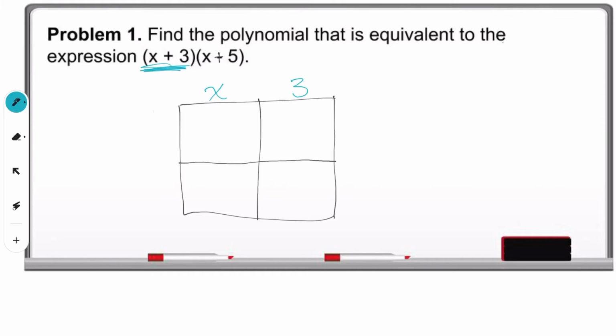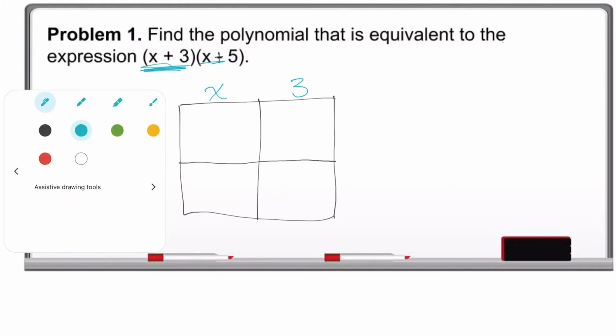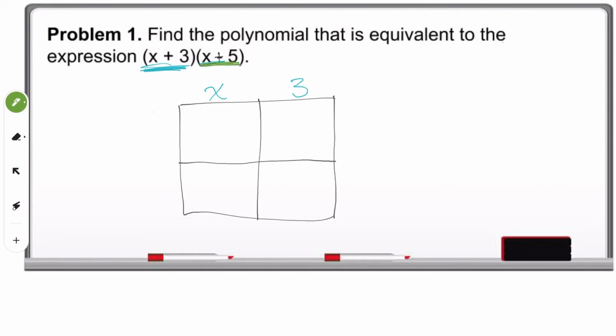Then on the left side, we're going to write the terms of our second polynomial. The first term x goes in the top row, and the second term 5 goes in the bottom row.